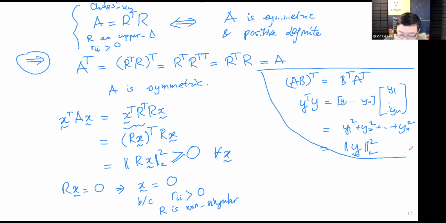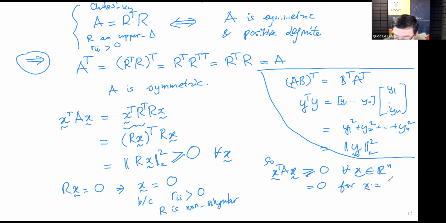So now we show that X transpose AX is greater or equal to 0 for all X in R^n, and it equals 0 only for X equals 0.